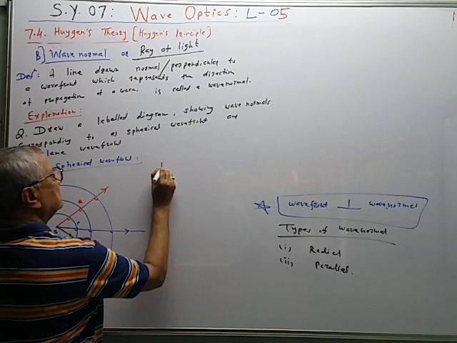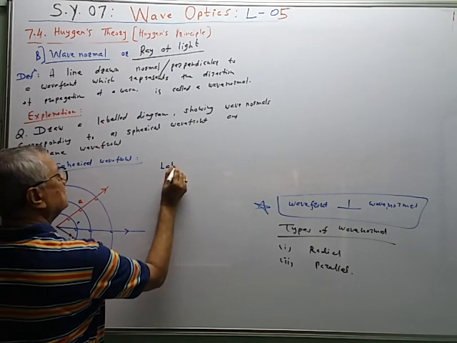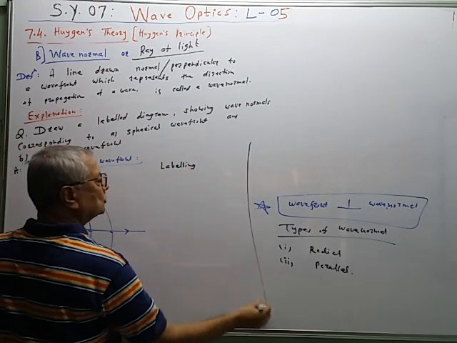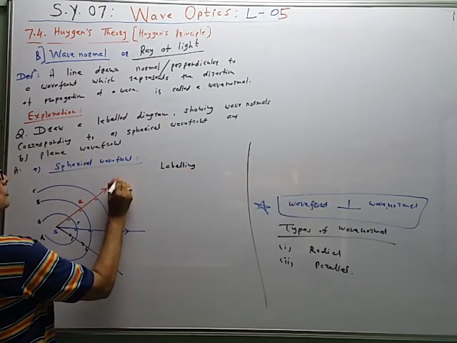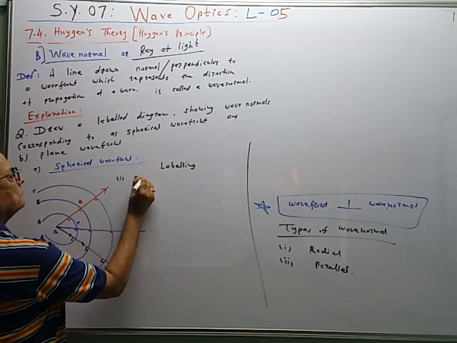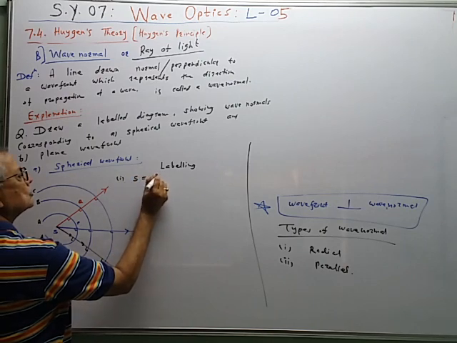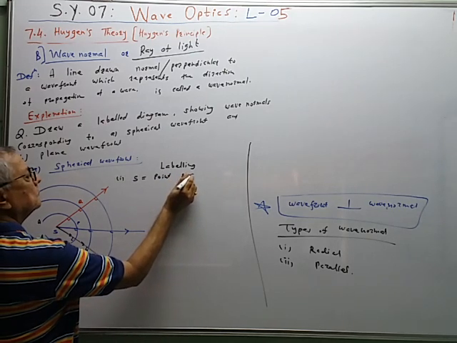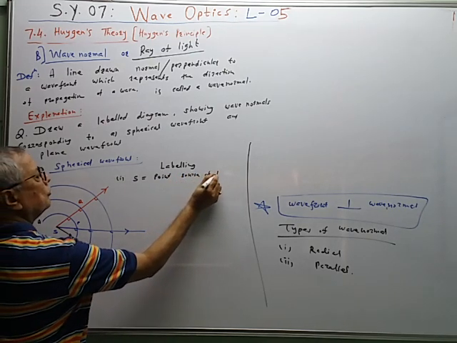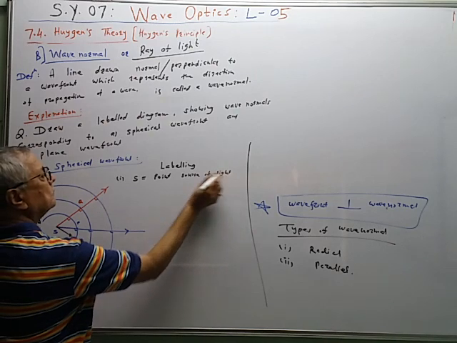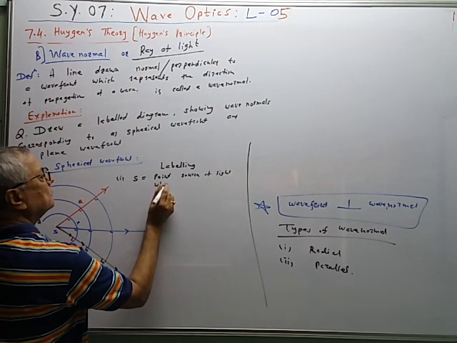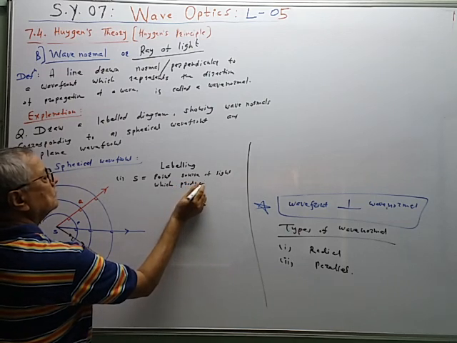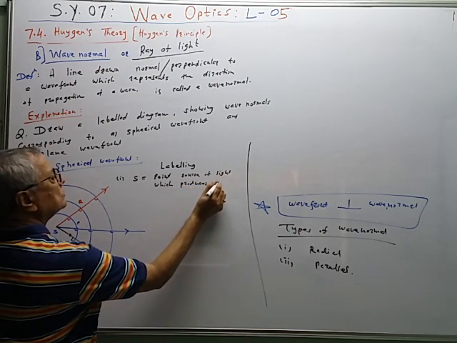So labeling is like this. So we are using this property. The first point of labeling is S, the point source of light, which produces spherical wavefronts.